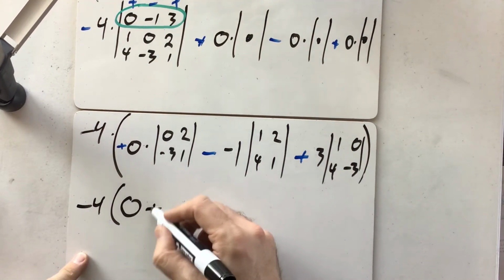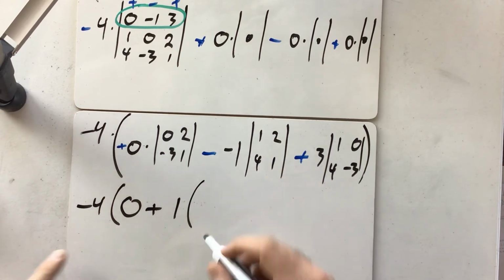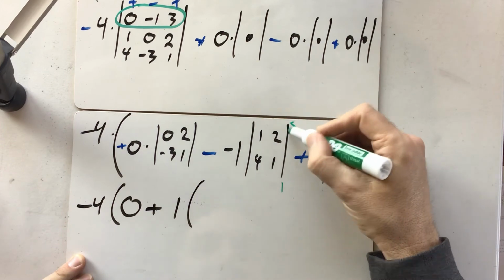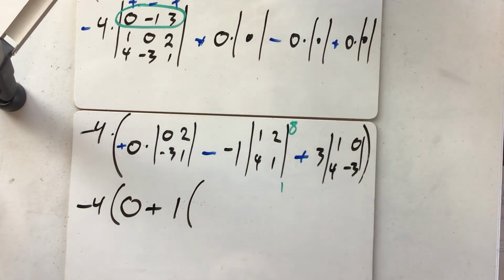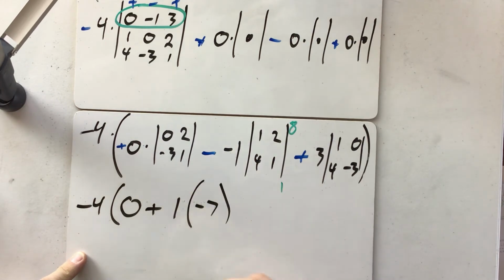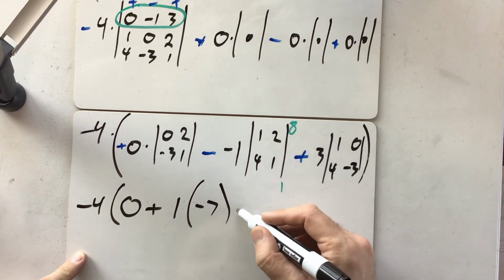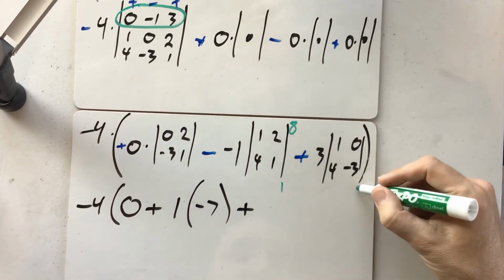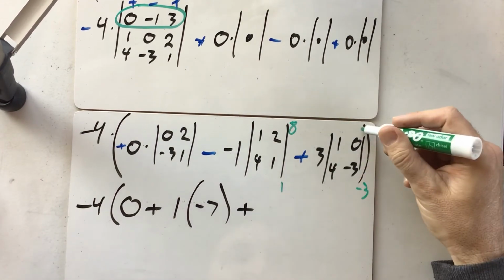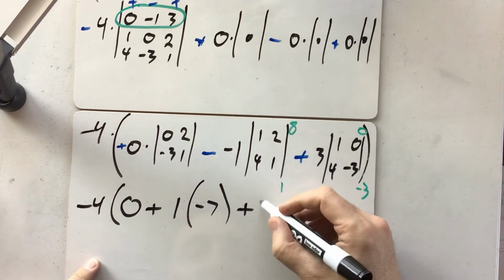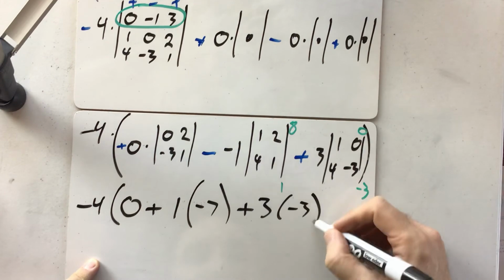That's just going to be 1 times this determinant, so I need to calculate this out. We've got 1 and 8, so it looks like 1 minus 8, so I've got a -7 in here. And then my last one, I've got a -3 and a 0, so I've got -3 minus 0, so I've got 3 times -3.